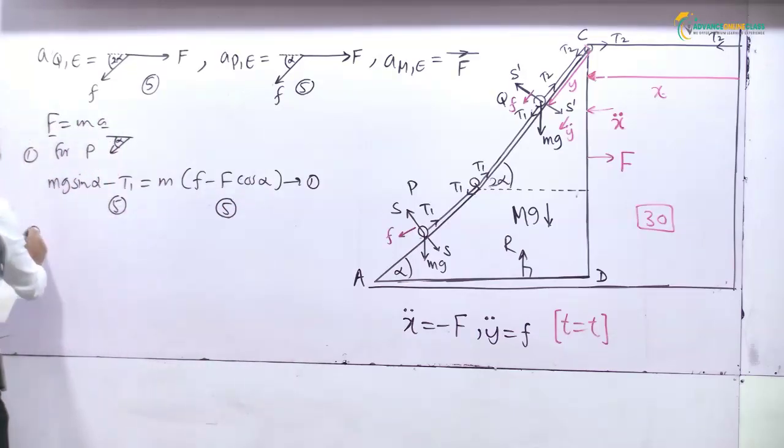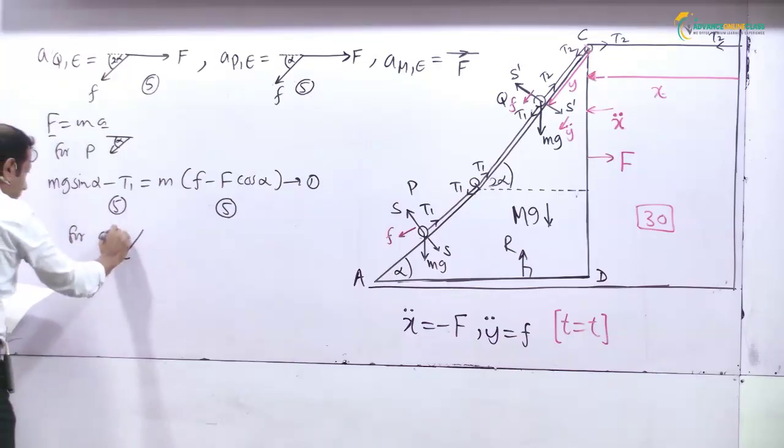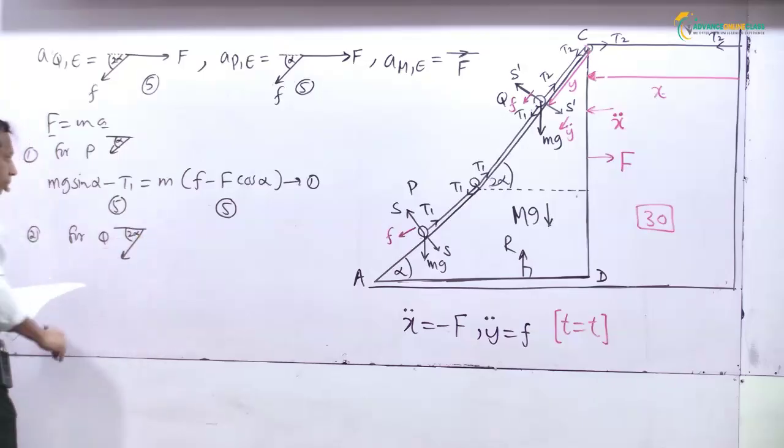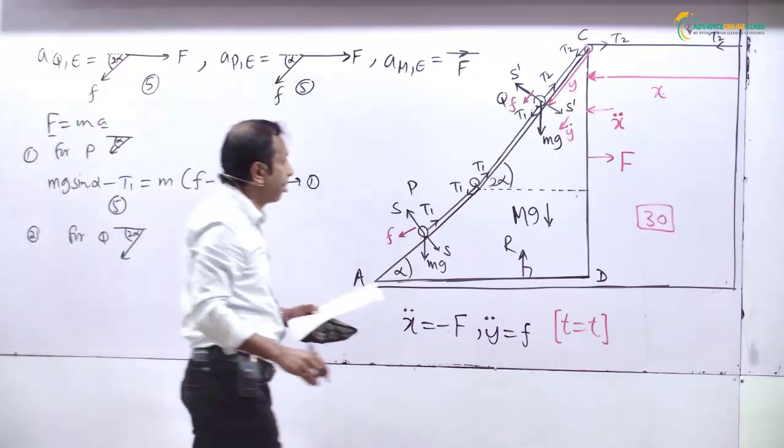Number 2, for Q, which makes 2 alpha. What do you get there?